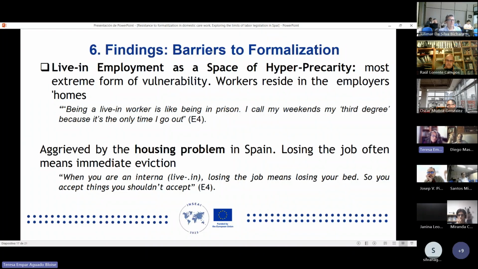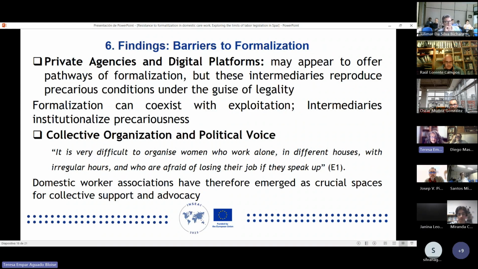Some impose conditions preventing workers from being hired directly later on. One interviewee explained: "Everything was fixed by the agency. I had no say in my hours, and if I complained, they sent someone else." Formalization can therefore coexist with exploitation.